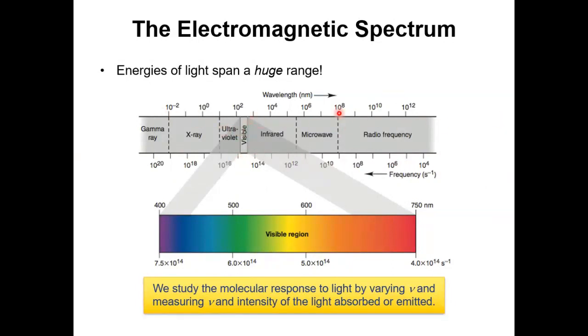And the wavelength you can calculate could be as short as 0.0-something angstrom, or 0.00-something nanometer, to about 10 to the 12 nanometer. That means about a kilometer range. So that's the long wave, the radio frequency, long wave radio wave.